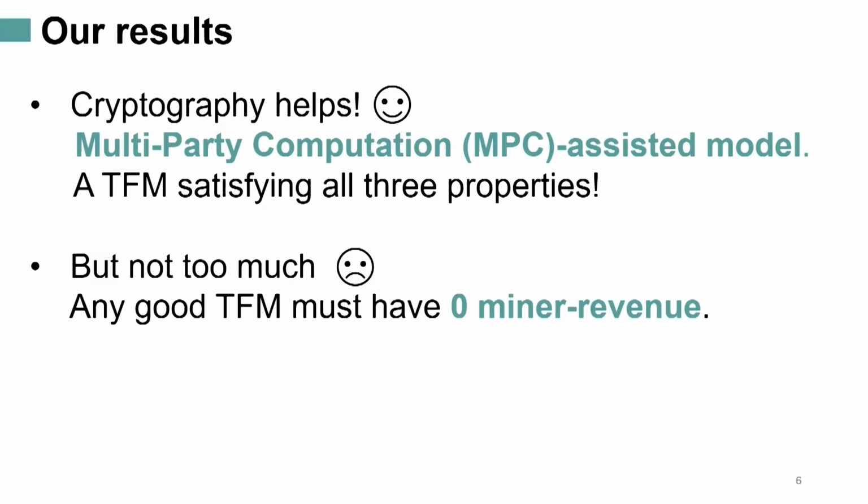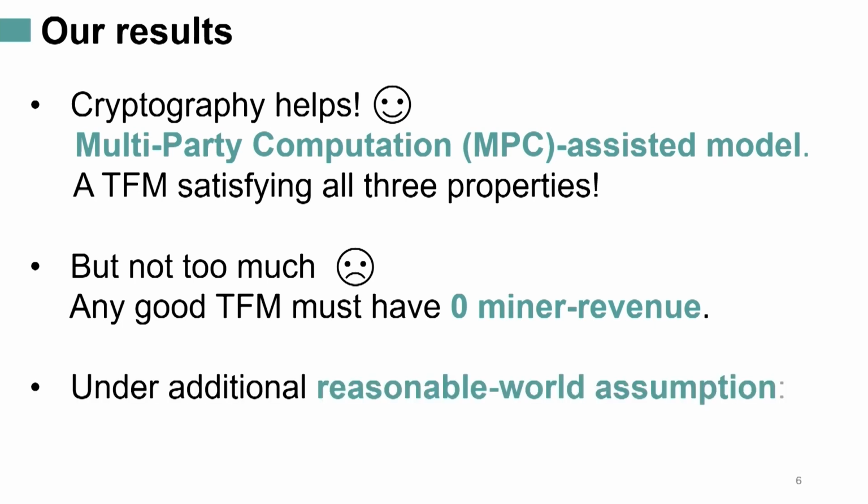This is not good. We still want to give the miners some positive reward to incentivize them to do the job for us. Therefore, in the follow-up work, we showed that if we make an additional reasonable world assumption, where we assume there is at least some number of honest users, then we can get a positive and asymptotically optimal miner revenue.